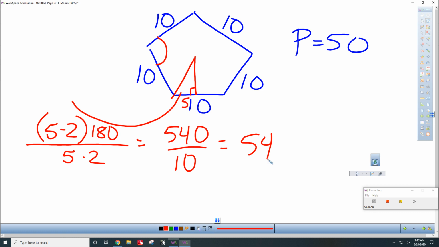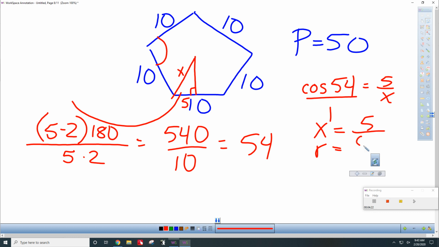So then to find x, we're always going to be using, it looks like, cosine. So cosine of 54 is 5 over x. So x, which is our radius, is 5 divided by the cosine of 54, okay?